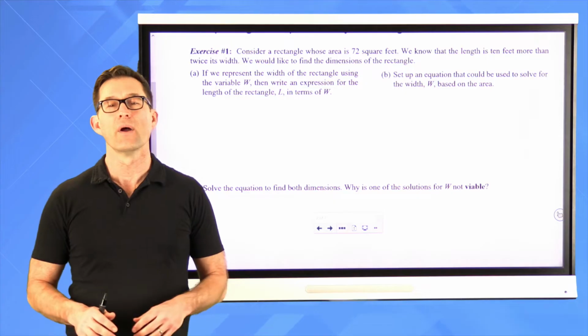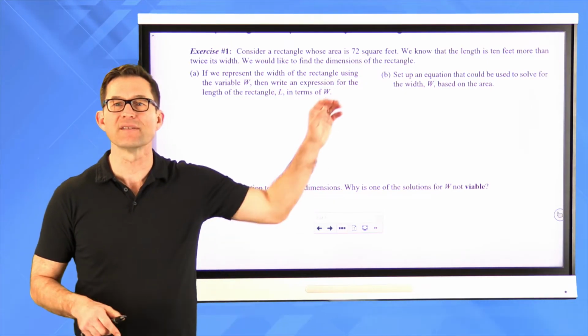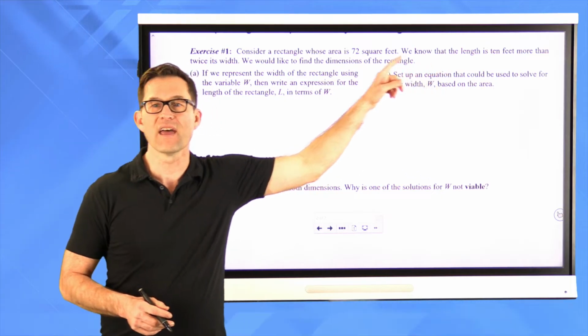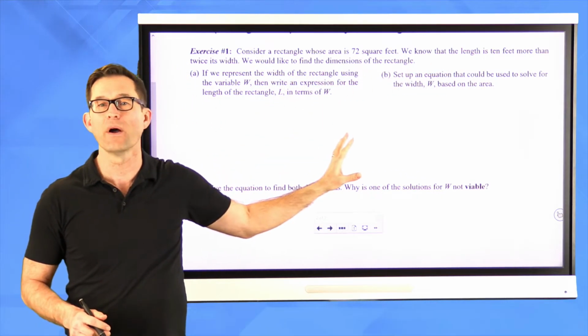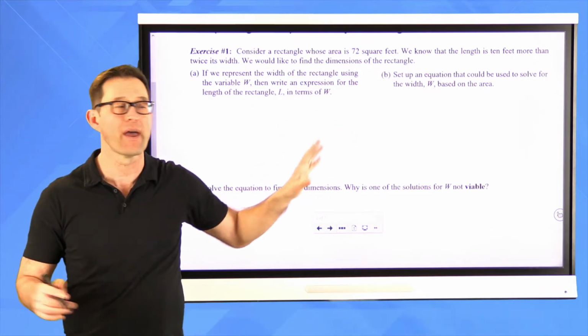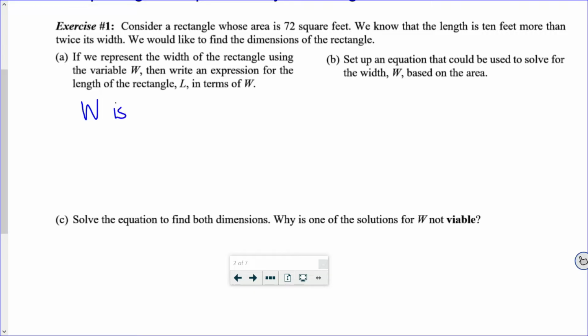In other words, I don't want to bring in both a w and an L. Not yet, especially because they told me that the length is 10 feet more than twice the width. So in letter A, I just want you to say, okay, if w is the width, then what would the length be in terms of w?